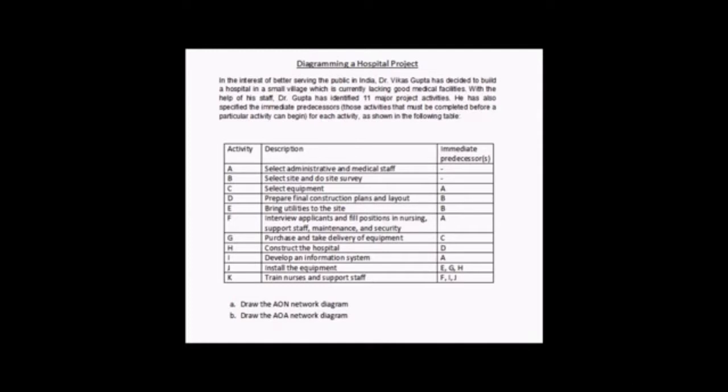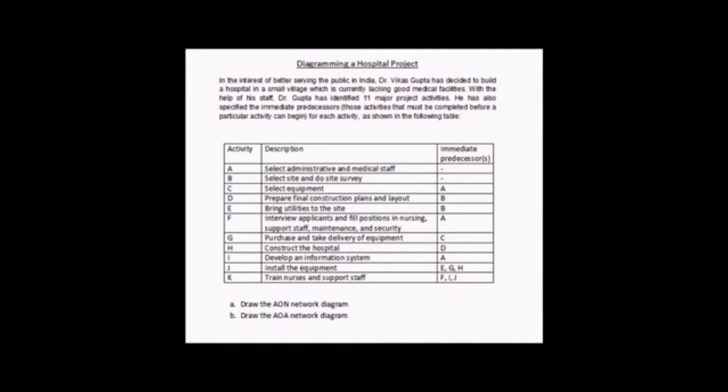So activity A is to select administrative and medical staff. Now this activity is not dependent on any other activity to be finished before it can start. Activity B is to select a site and do the site survey.